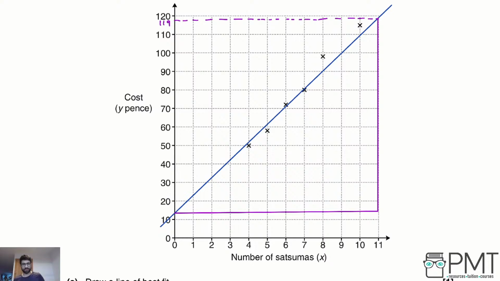This may be a bit different depending on what you draw, but that's a difference of 119 minus this is 12, so that's 107, and this side it goes from 0 to 11, so that's just 11.